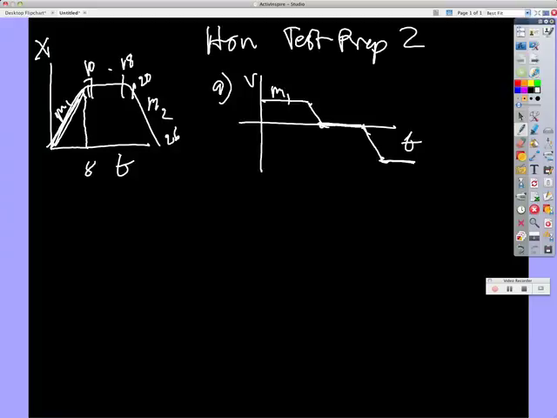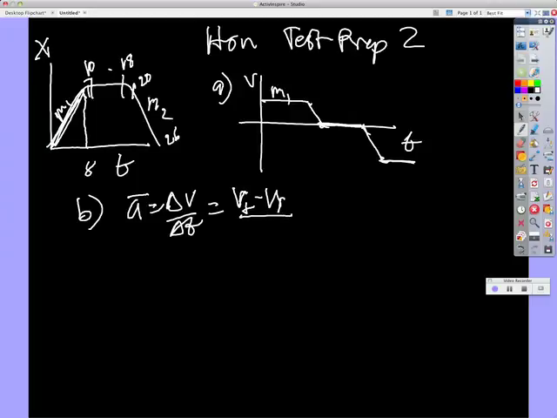All right, then we look at part B, says calculate the average acceleration for the period of 8 to 10 seconds. So average acceleration is delta V over delta T. So we get V final minus V initial over delta T. And just do the calculations, right? 0 minus, what was M1, what was the slope?